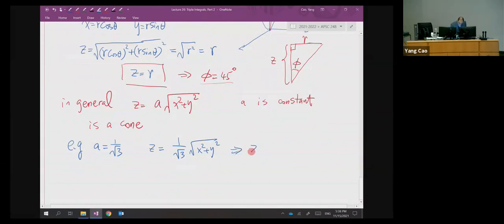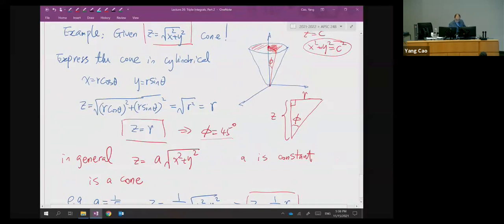So we use exactly the same approach. You replace x and y with r cosine theta and r sine theta, and you end up with 1 over root 3 times r. So that cone surface in cylindrical coordinates is z equal to 1 over root 3 times r. If I do the same procedure, I create a triangle like that.